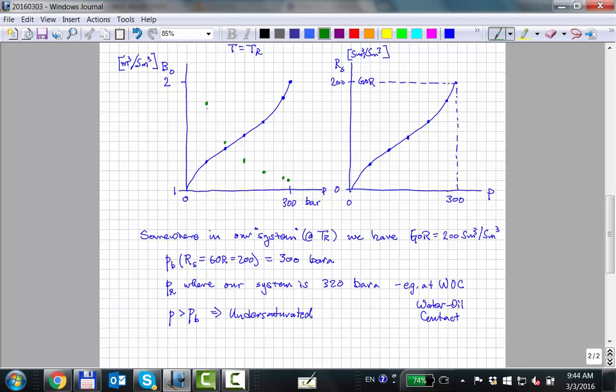Okay, so the viscosity curve is going to look something like this. The saturated curve. But we want the viscosity at 320 bar, so that's not on that curve.